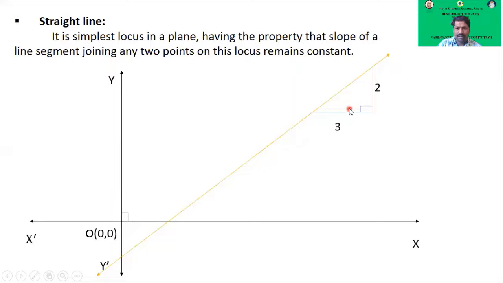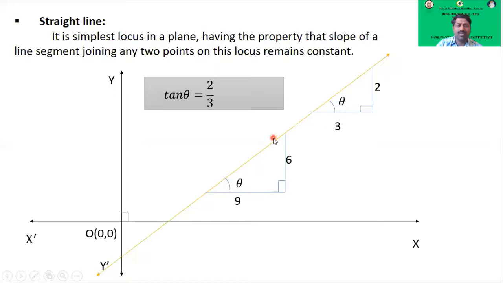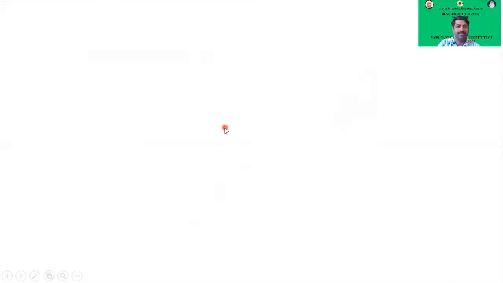If we take the slope tan theta by connecting any 2 points and making a right angle here, then tan theta is opposite side upon adjacent side, that is 2/3. If we draw some larger triangle, then tan theta is 6/9, which is also 2/3. So the slope of a line for any 2 points is always constant.